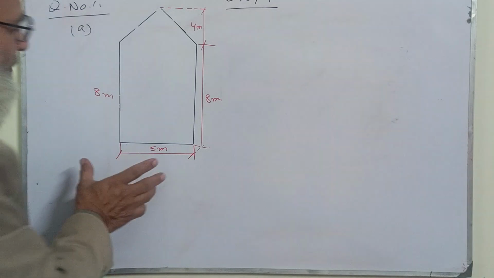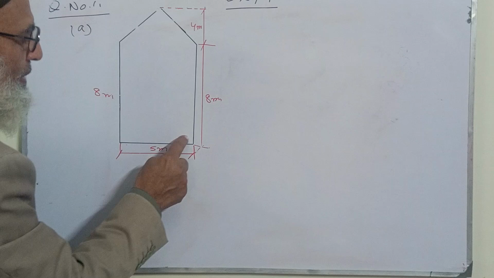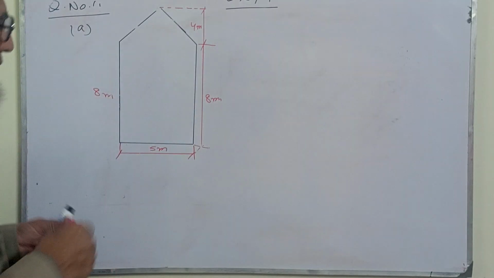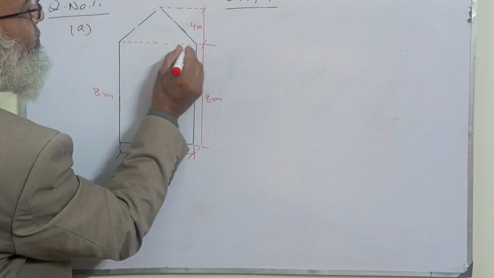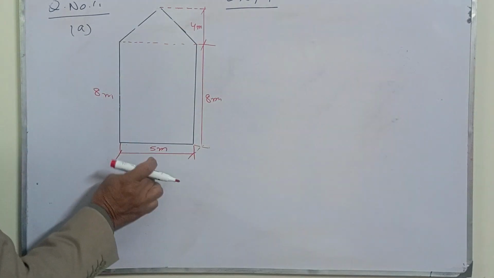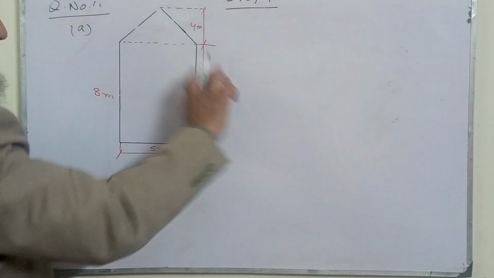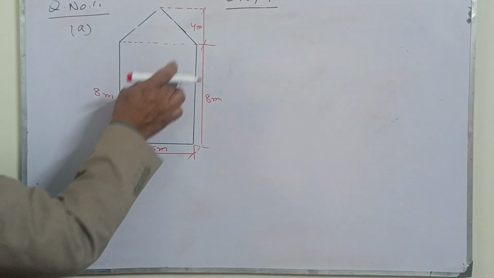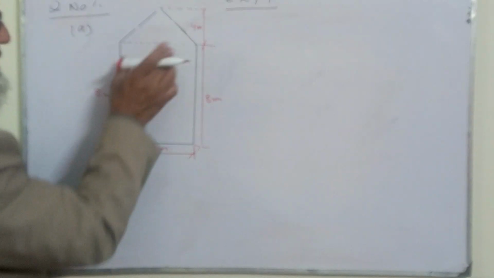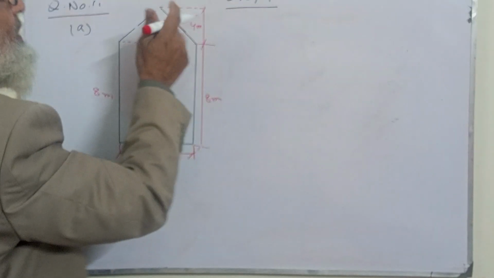For example, you see that this is a rectangular piece. If I just join this with the dotted line, it is a rectangular piece. This is 5 meter, this is 5 meter, this is 8 meter, this is 8 meter. So it is very easy. Since this base is equal to this base, and this is the triangle.